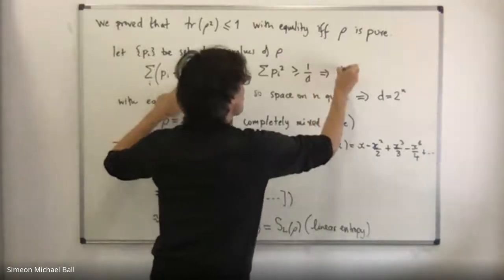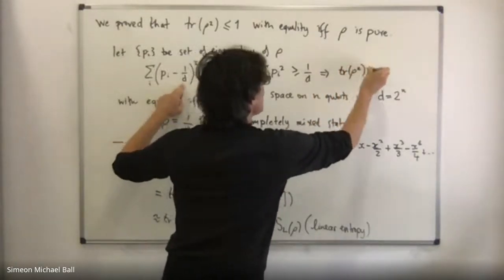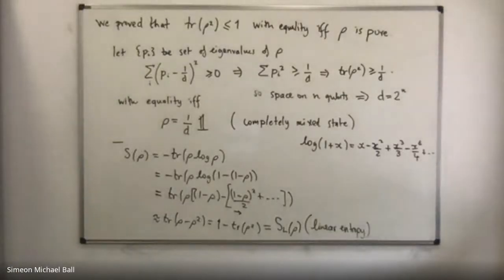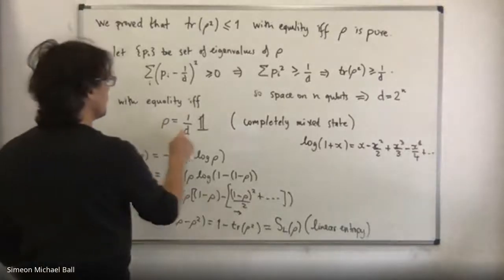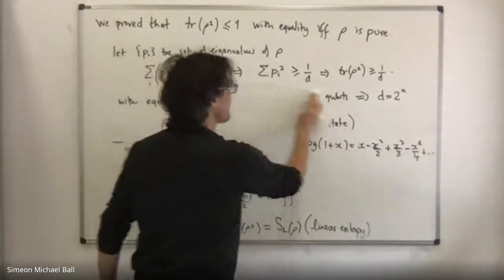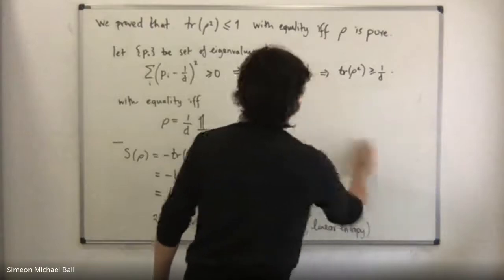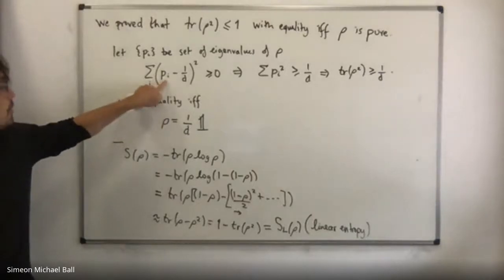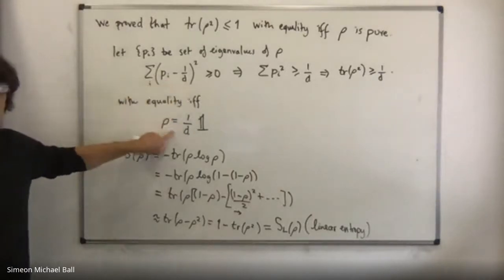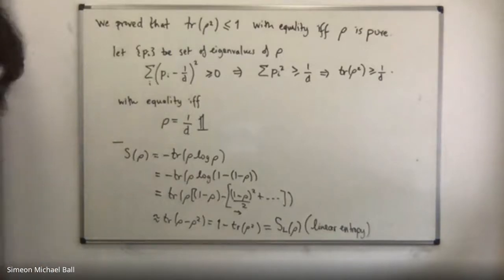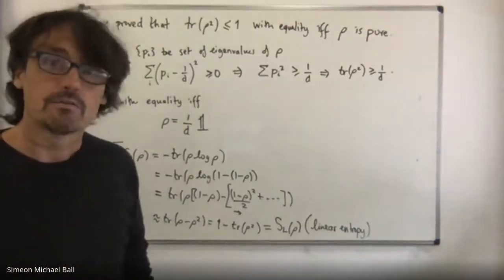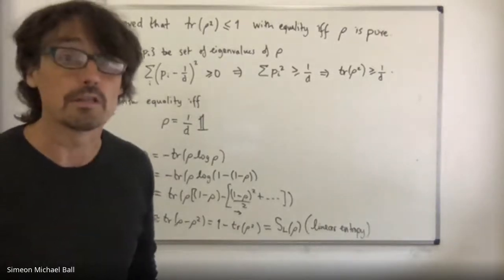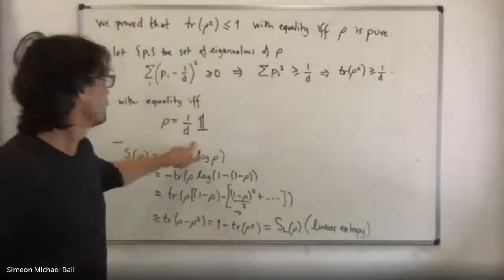So the trace of rho squared is bigger than or equal to 1 over d, with equality if and only if all the p_i are equal to 1 divided by d, which implies that rho has only one eigenvalue, so it's simply 1 over d times the identity matrix. Its minimal polynomial is x minus 1 divided by d.